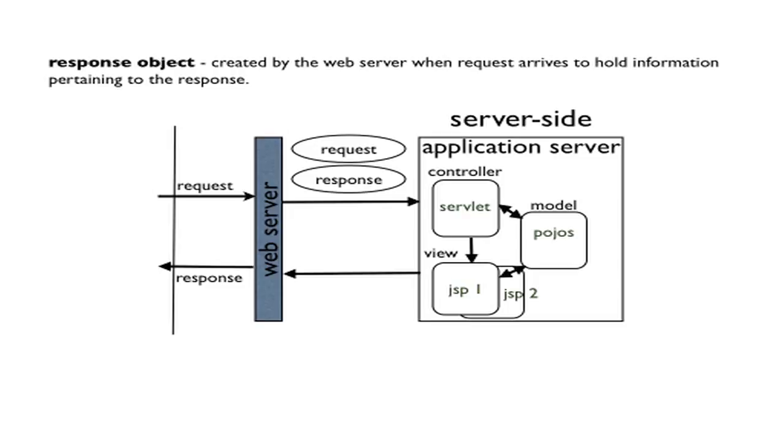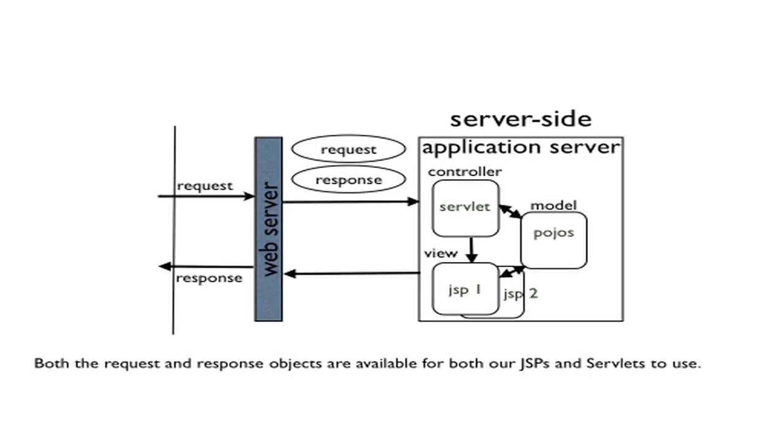The primary responsibility for adding to the response are the JSPs in the view. But as we saw, it's also available in the controller. We'll see that most of the time we won't need to use the response in the controller, but we might need to use the request in both of these, especially if we're accessing some of the input parameters in either of those components.